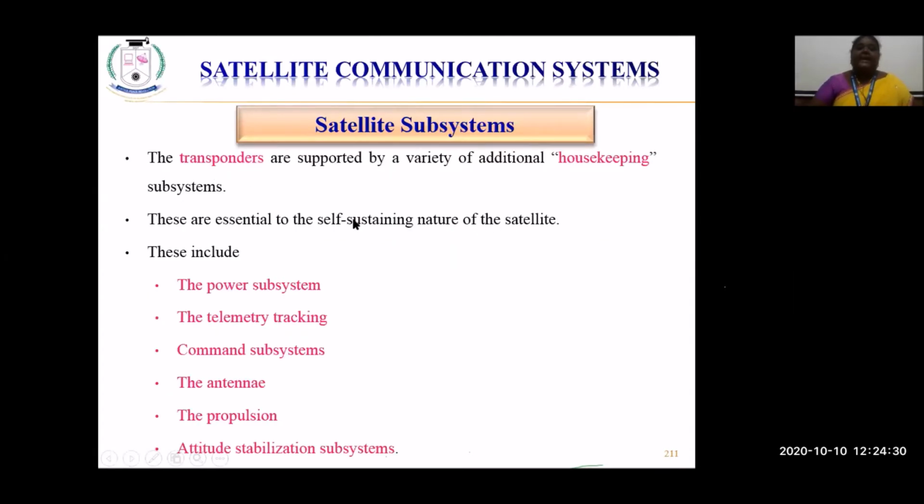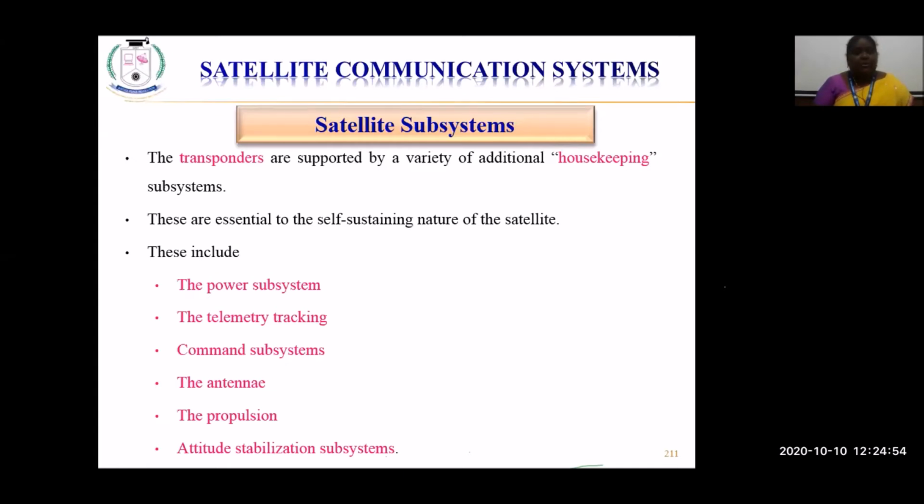We all know that the transponders are supported by a variety of other housekeeping subsystems. These are all the essential subsystems which help the satellite to operate on its own, providing the self-sustaining nature of the satellite, so it can operate without anyone to operate it.